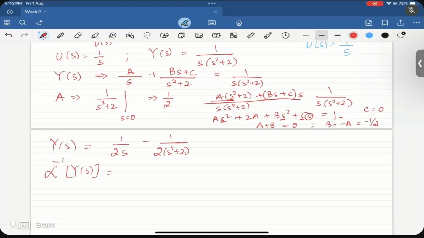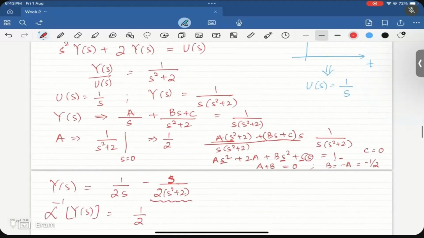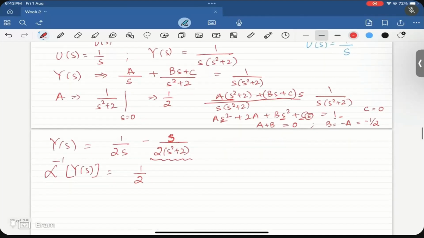Here it will be s also, because we have Bs + C and B is minus 1/2, and C is 0. So this will be the partial fraction.